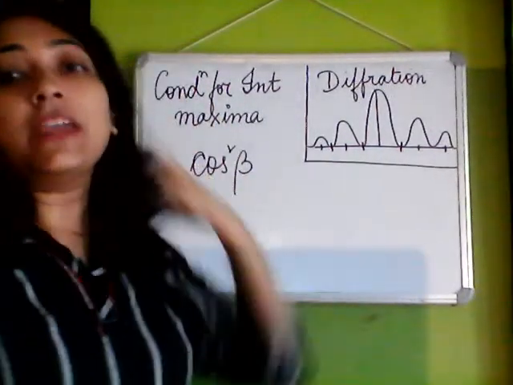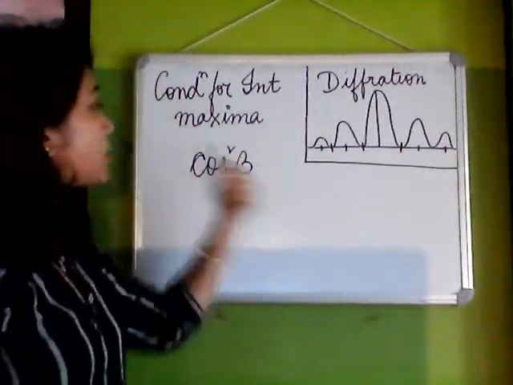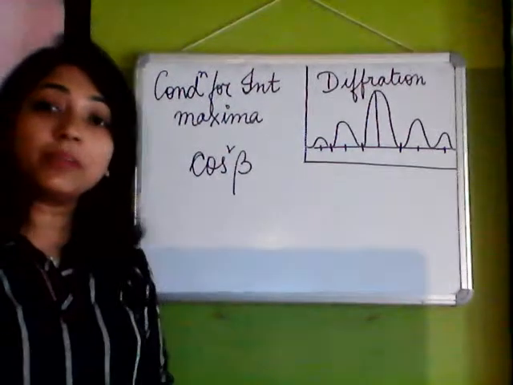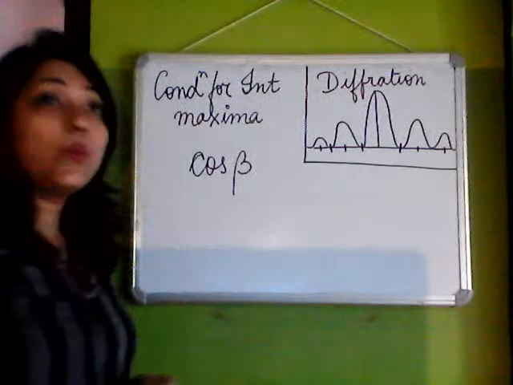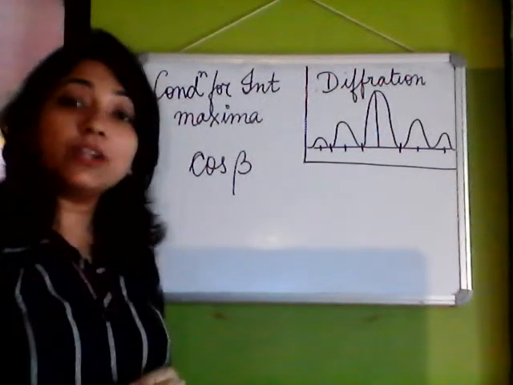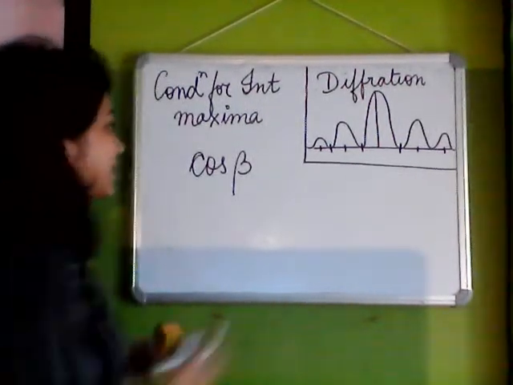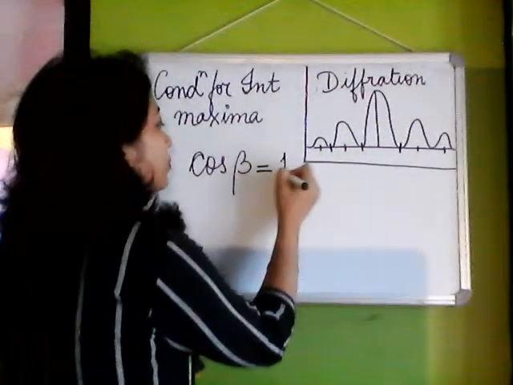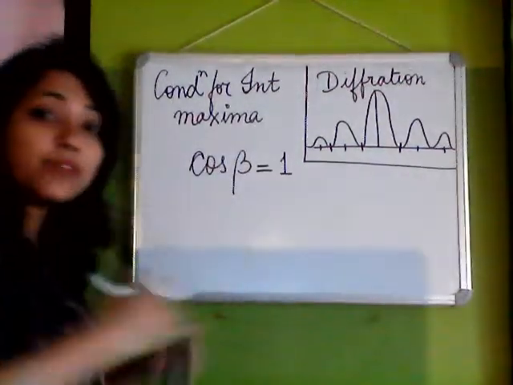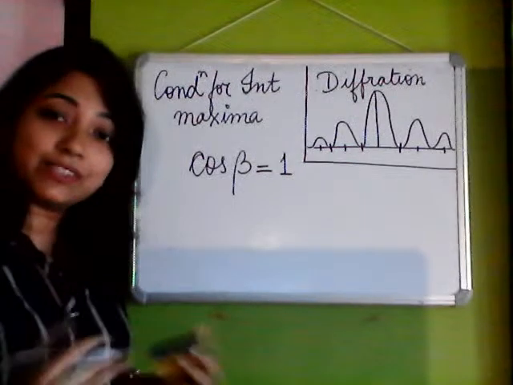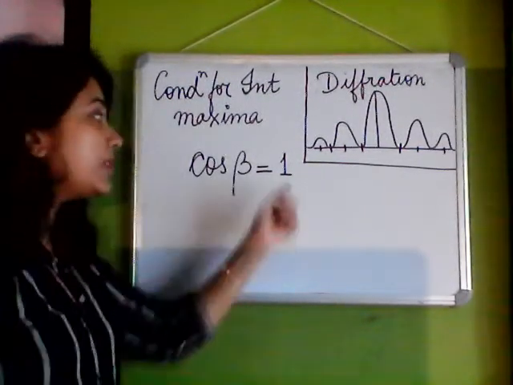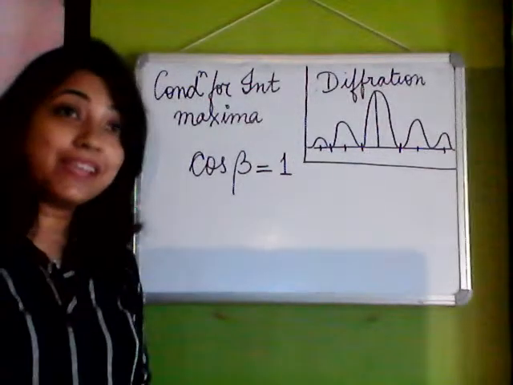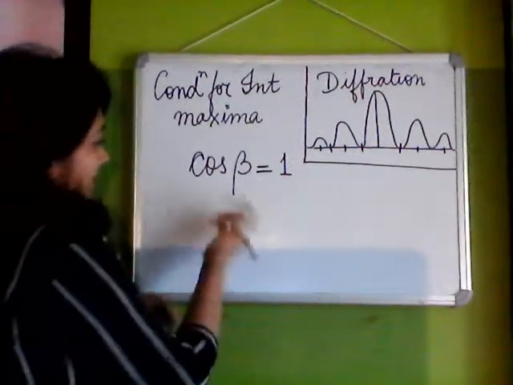In this scenario, if I ask you when will this cos square beta be maximum, what will be your answer? Obviously, you will agree with me that it is when cos beta is equal to 1, isn't it? So, when cos beta is equal to 1, the contribution from the interference is going to take its maximum value. And what are the values of beta for which I can get the value 1?